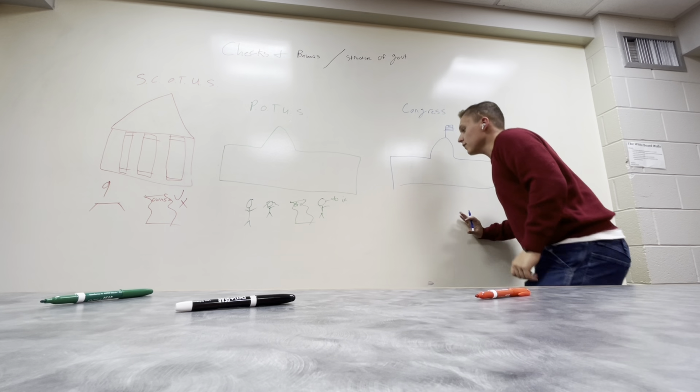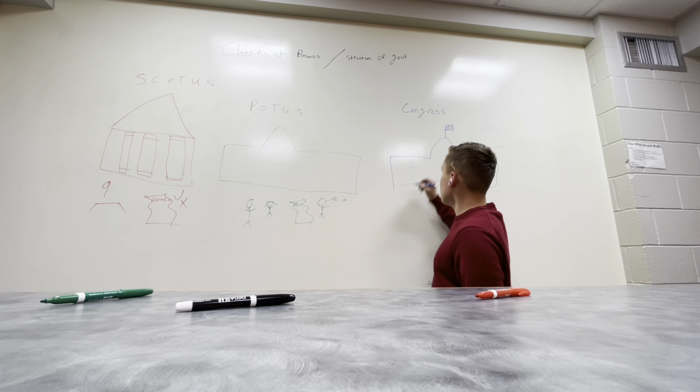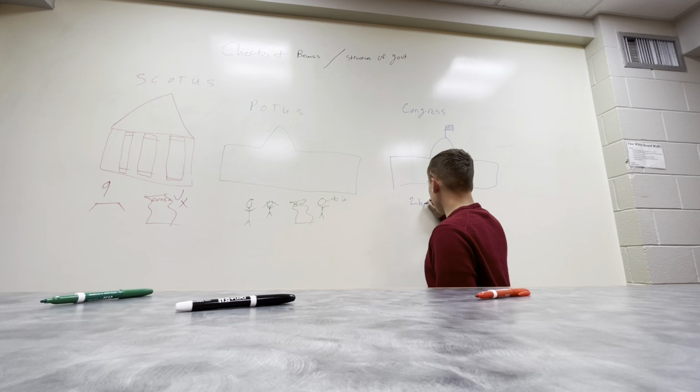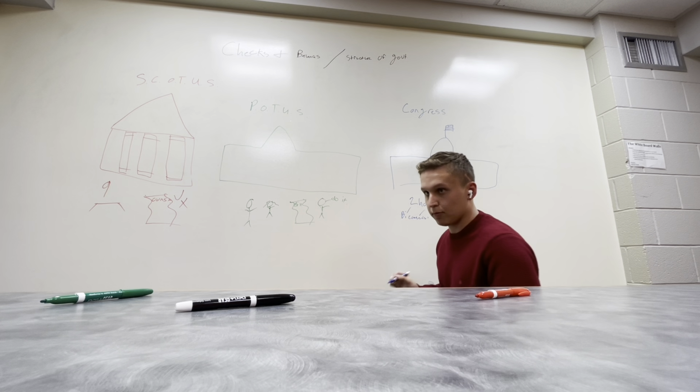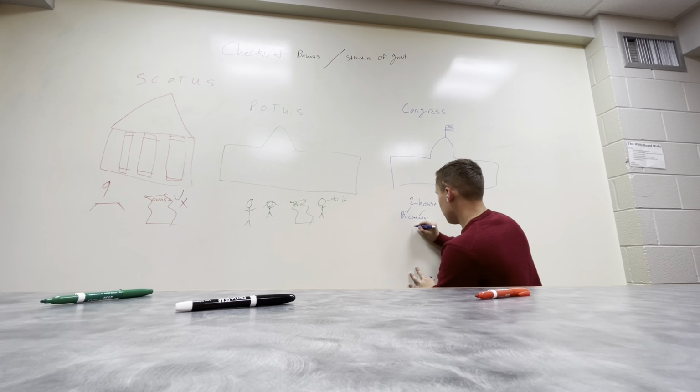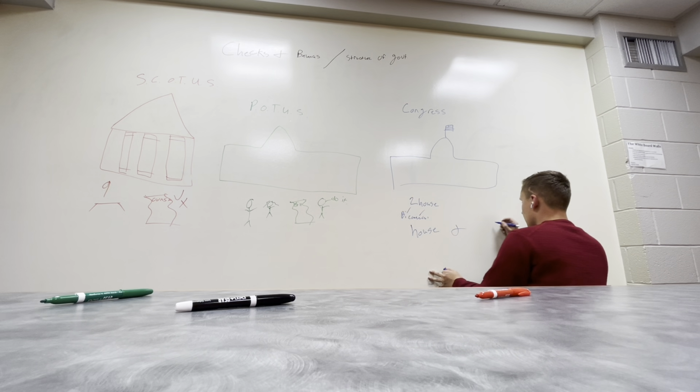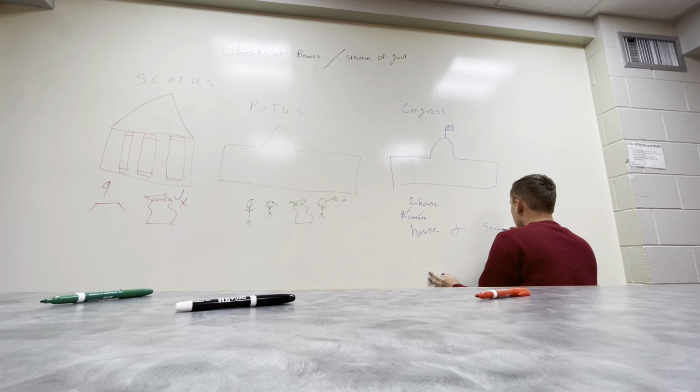When it comes to Congress, Congress is made up of 2 houses, as it is bicameral, bi meaning 2, cameral meaning house. It is made up of the House and the Senate.